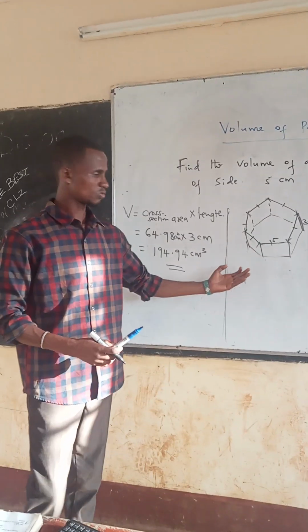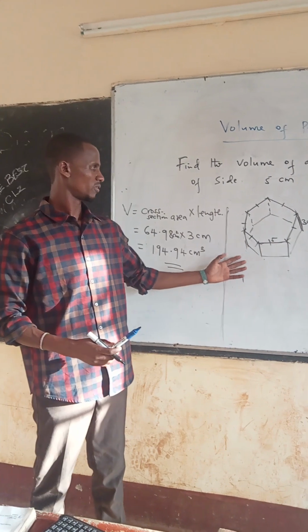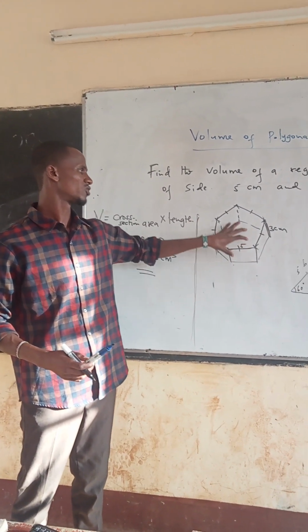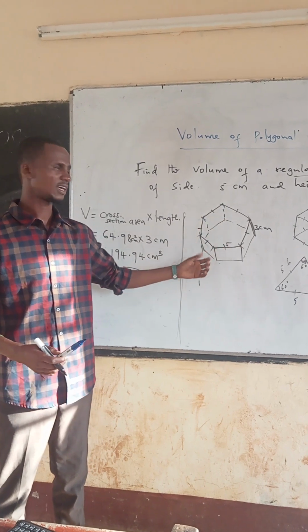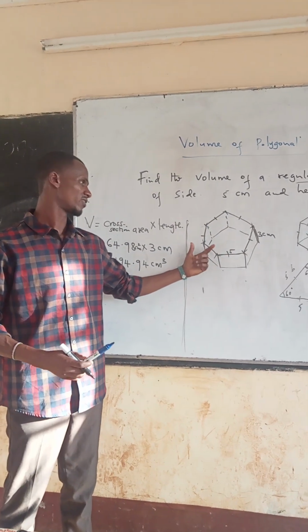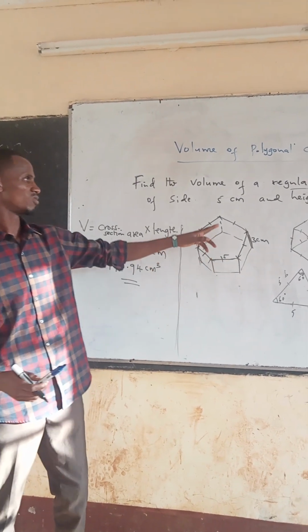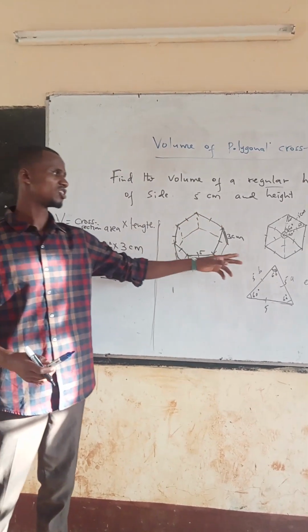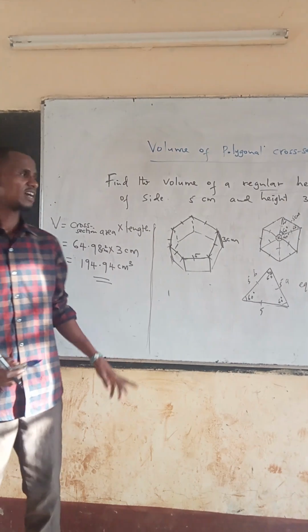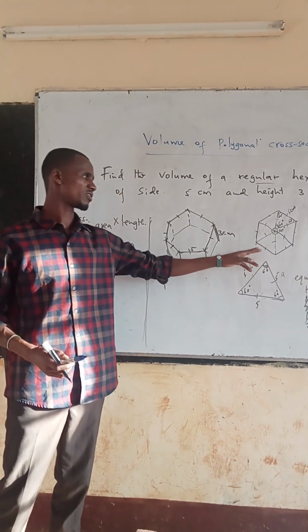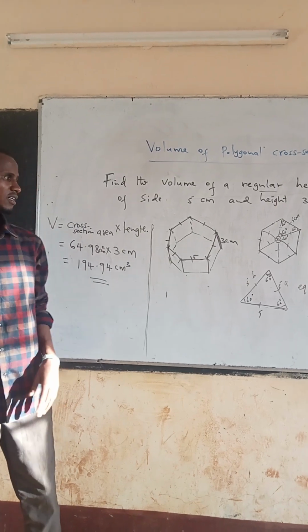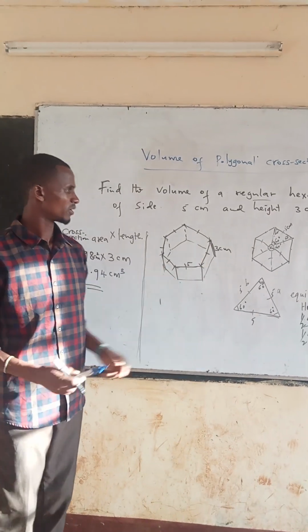Just to give some clarification, what you need to do is know which is the cross-section area, and then how to get its area. Because we have been told that this is a regular hexagon, we subdivide it into triangles. The number of triangles you obtain is the same as the number of sides of that polygon.